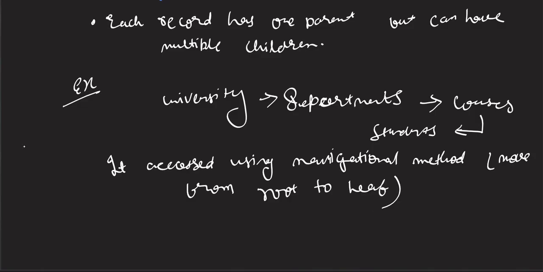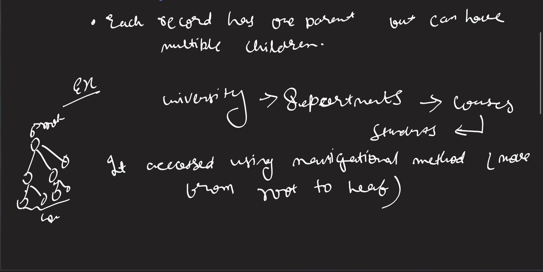Like I have shown you now, this is going to be the root, and these are all the leaves. Okay, so let's remove this. I drew that just for your understanding.